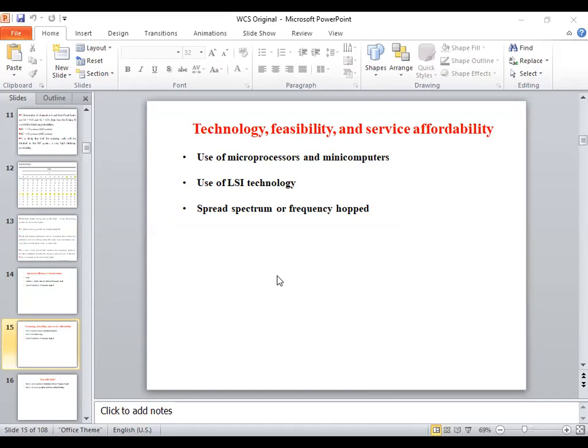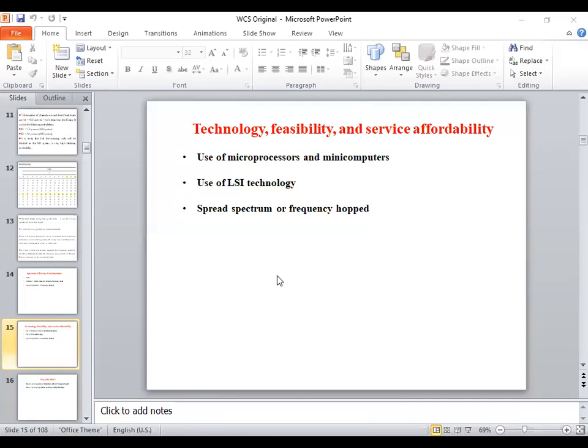Another factor was price reduction of the mobile telephone unit with the use of LSI technology. LSI stands for large scale integration, and mass production contributed to the reduced cost.